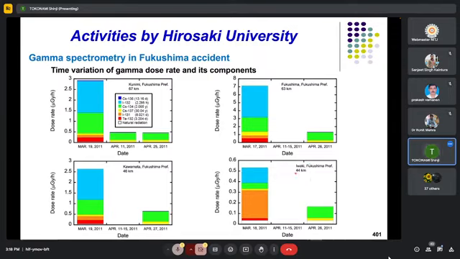But this city is located south of the nuclear power plant. The color pattern is different from the three areas. The main contributor is iodine-131. That means a different plume reached this city. Also, the components of the other plume are different from the first one.